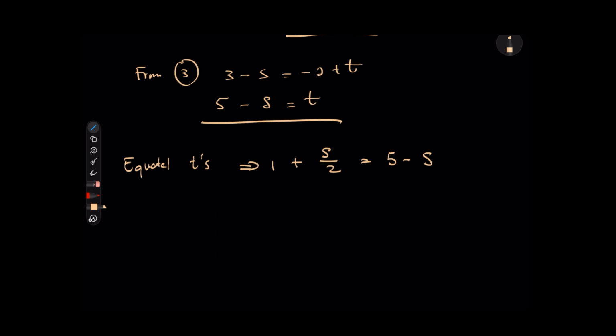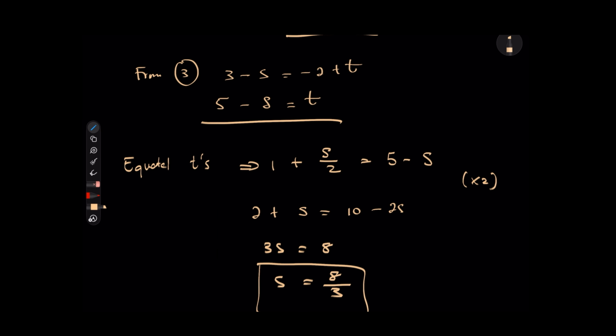Let's multiply throughout by 2. So I'll get 2 plus s is equal to 10 minus 2s. And then transposing the negative 2s, I'll get 3s is equal to 8. So now s is equal to 8 upon 3.